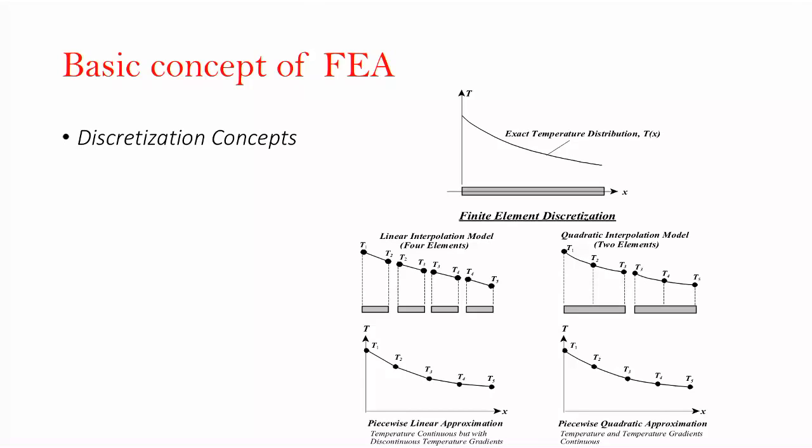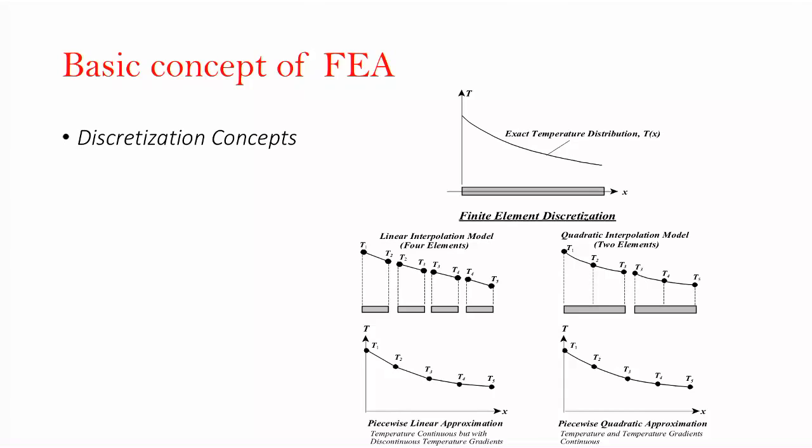Now, if you want to swap the line segments with a higher polynomial function, we can simply use a second order polynomial function. This time, instead of using a higher number of elements, we can use only 2 elements, but since it's a second order polynomial function, we need 3 points to define it, right?